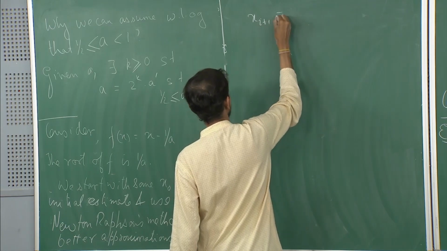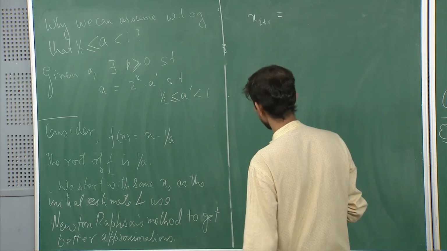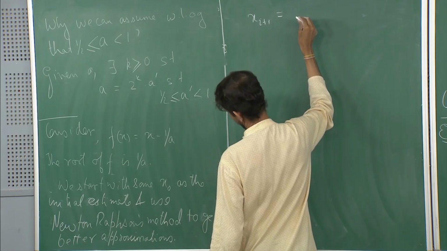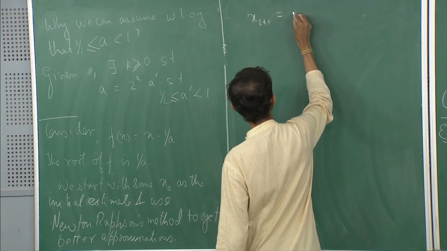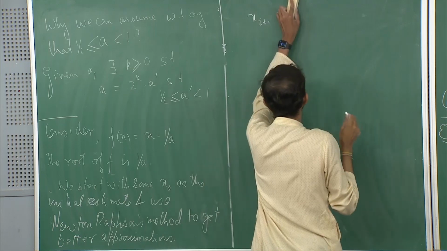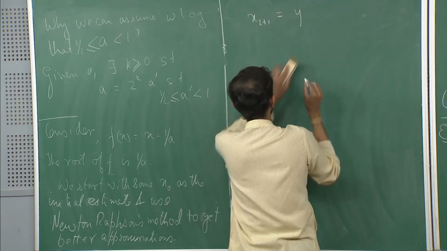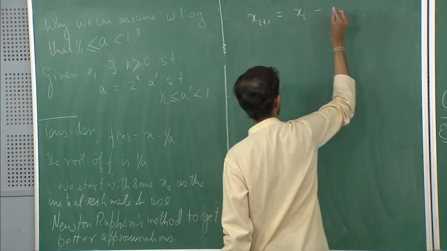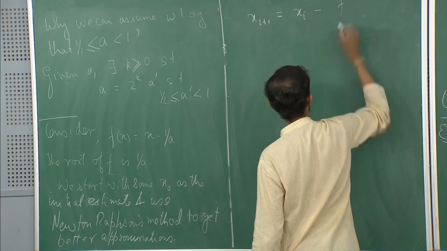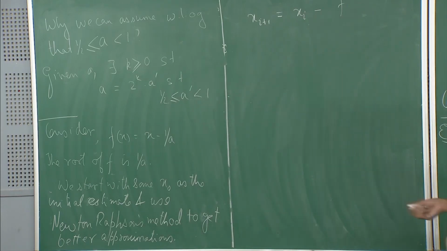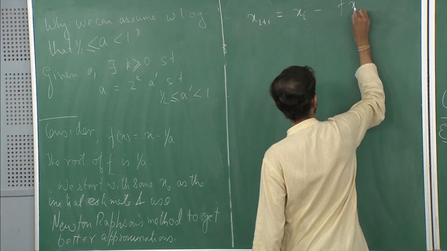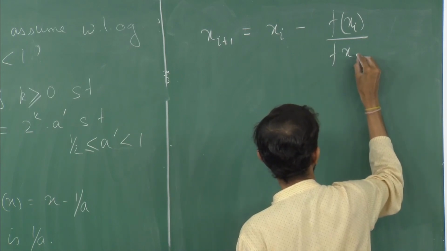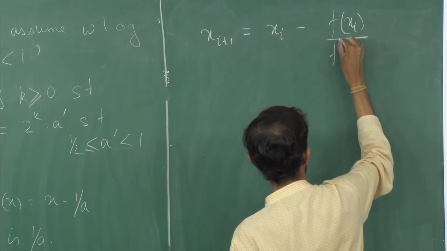Then xi plus 1 will be equal to xi minus f of xi divided by f prime of xi.